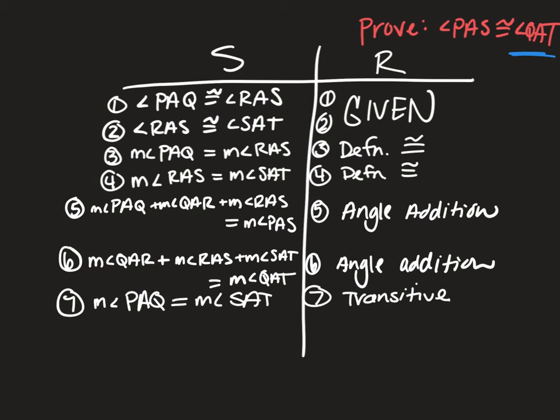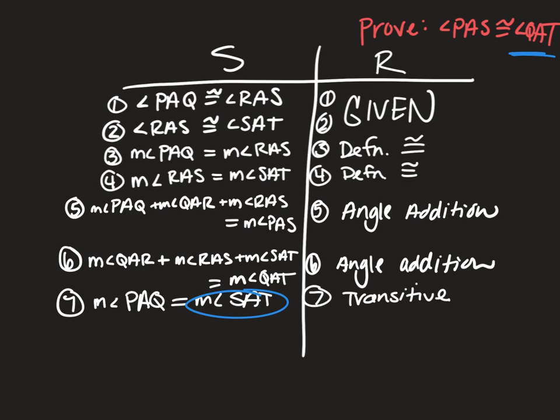QAR, RAS, SAT. So we're going to take what we have in line 6, right? And we're going to take the SAT and change it to PAQ. Basically, yeah.